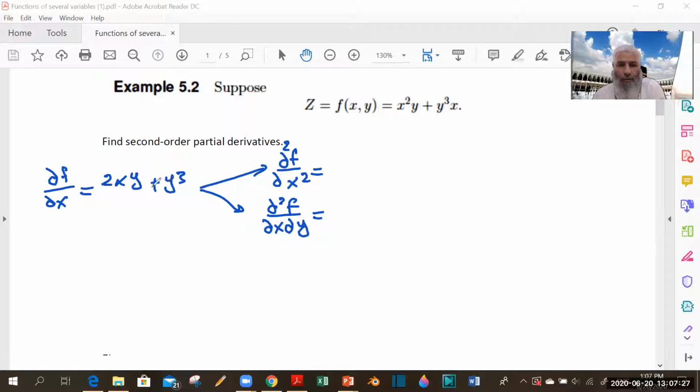We take the derivative of this with respect to x again. With respect to x, it would be 2y. And with respect to y, here it would be 2x plus 3y squared.